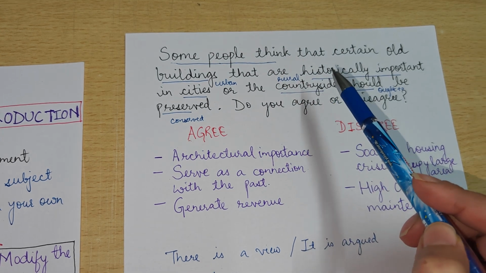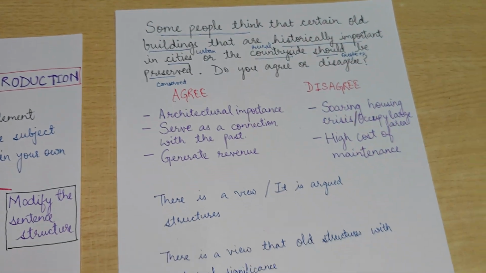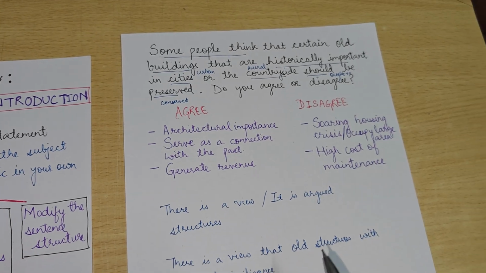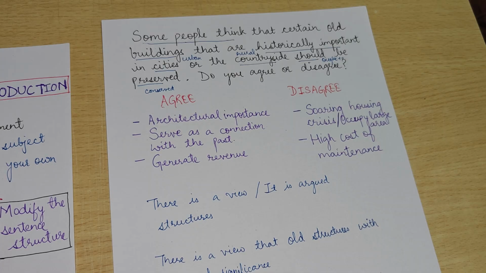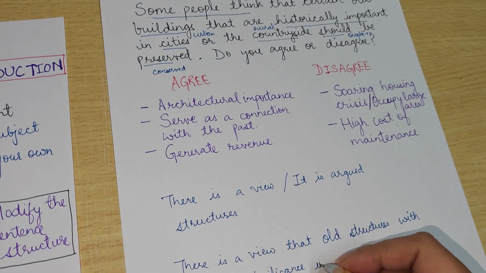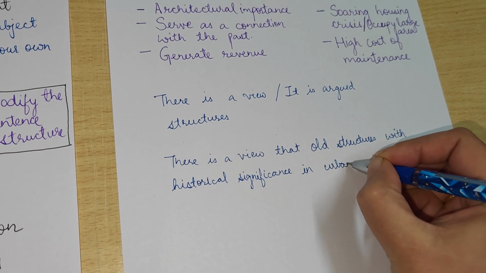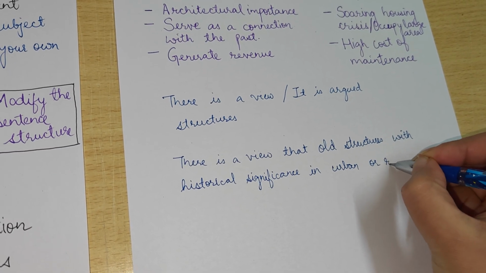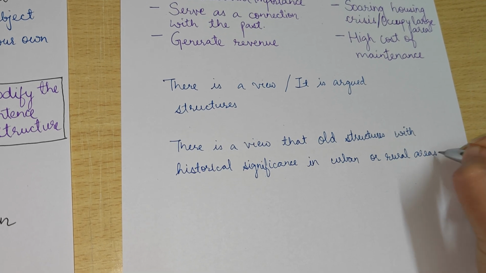You can put one part of the sentence before or you can put it later. So we have historical significance in urban or rural areas.